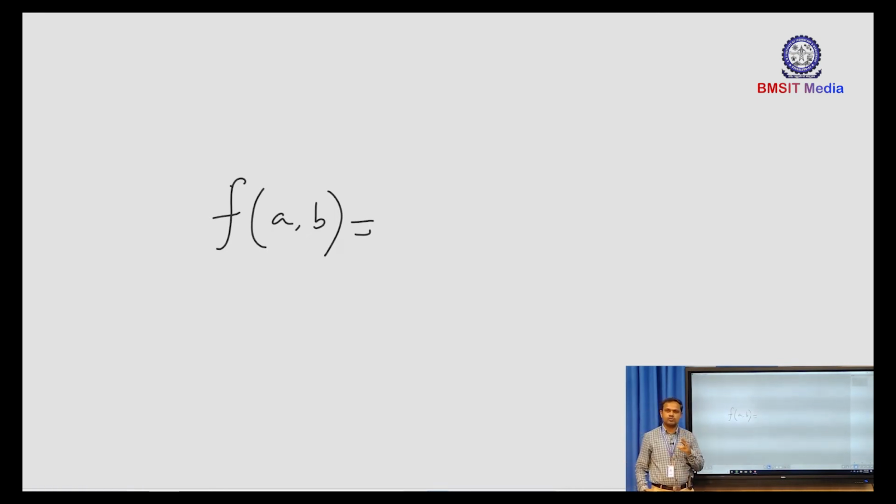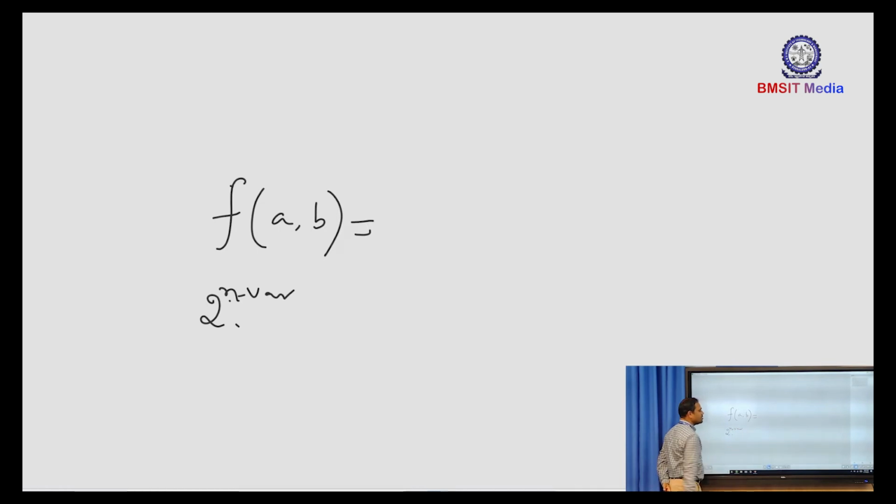When I have two variables a and b, how many binary combinations will I get? I will get the number of binary combinations as 2 to the power of n variables. What is n here? The n is nothing but two variables. A is one variable, b is one variable. So I have two variables. When I have two variables, then I will get 4 combinations of ab.